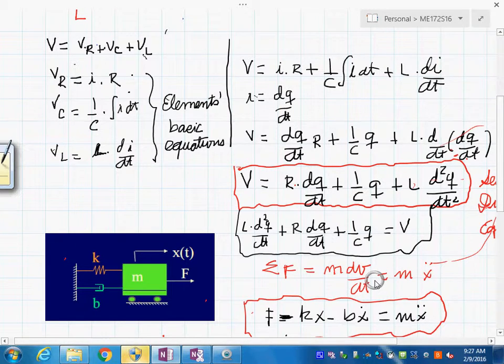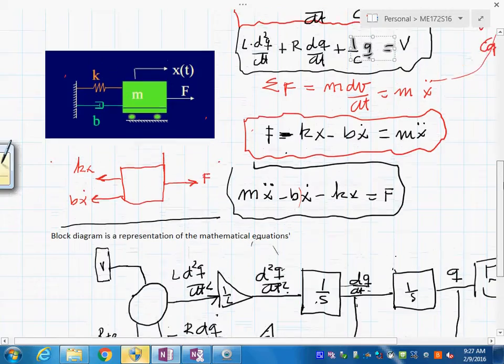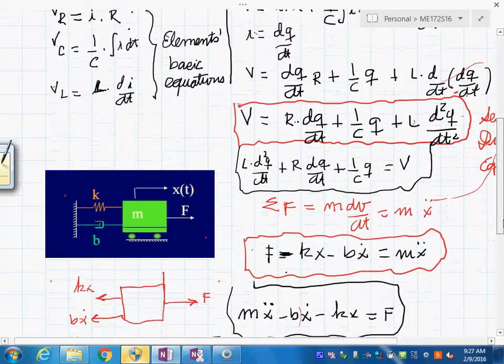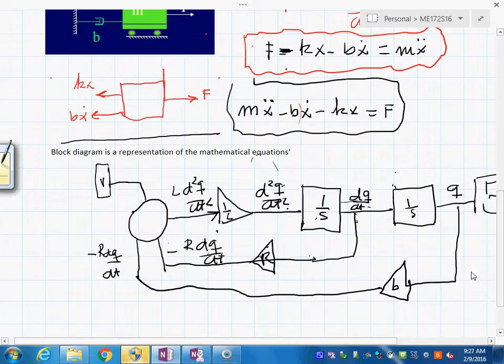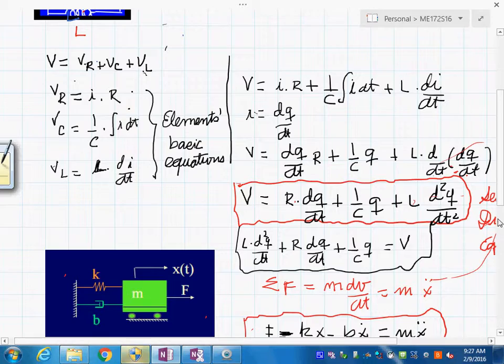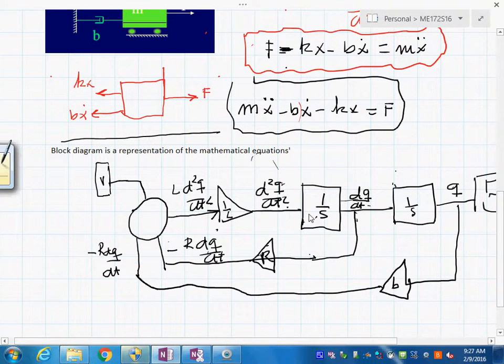Now what we did is from here, we had the differential equation, and I told you the best thing to do is to start with the summation point. Here you have the development of the block diagram from the equations for the circuit. So I think it is very helpful if we review this block diagram and how it came about.